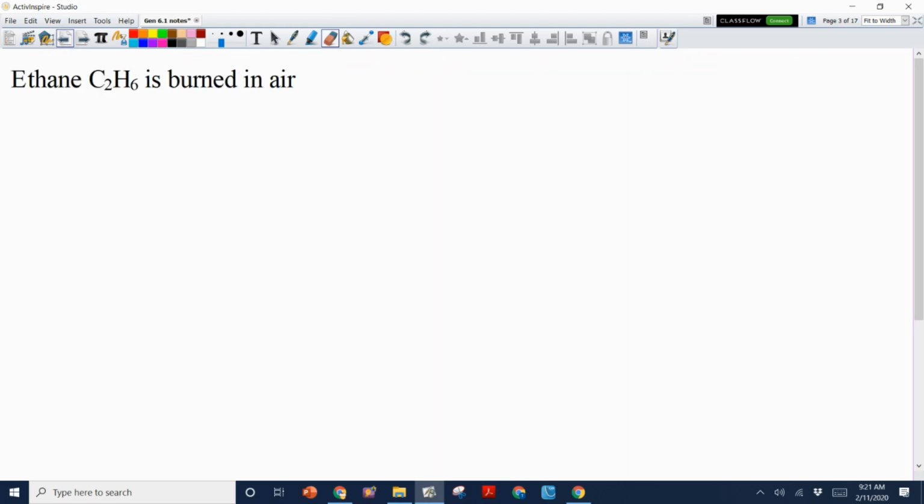And the reason I did not start off with combustion is because combustion is a little bit different. There is a trick to doing combustion reactions, and I'll show you why. So let's go ahead and write this out. C2H6 plus O2 yields CO2 plus H2O.